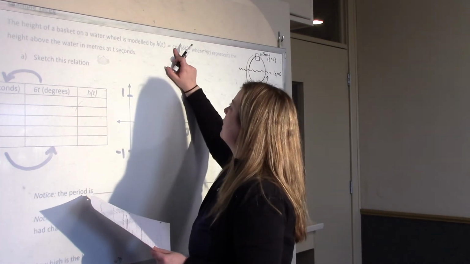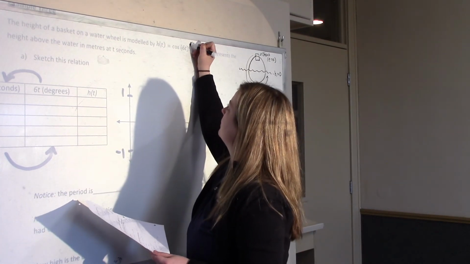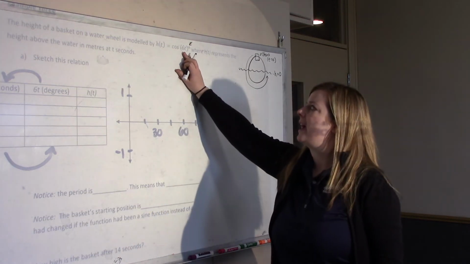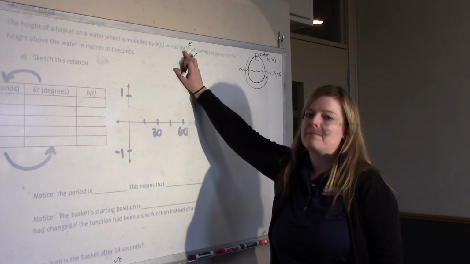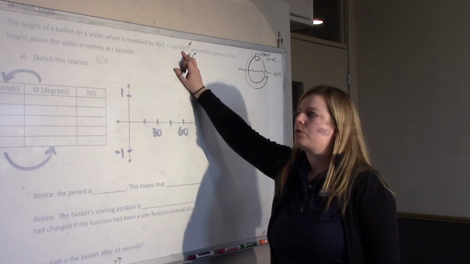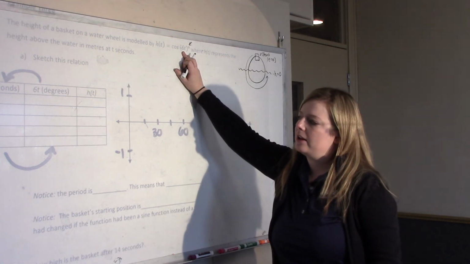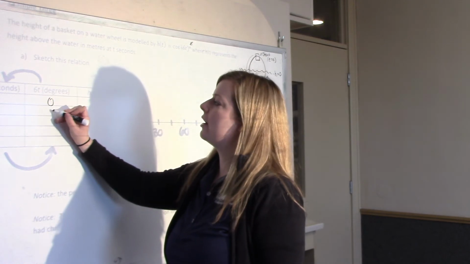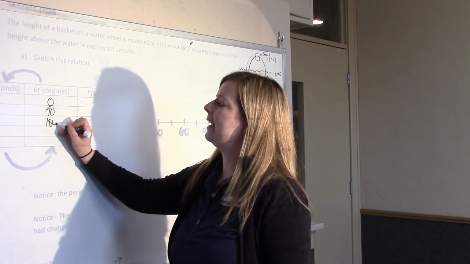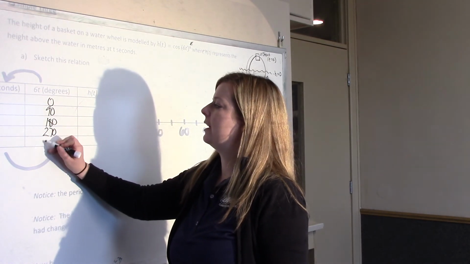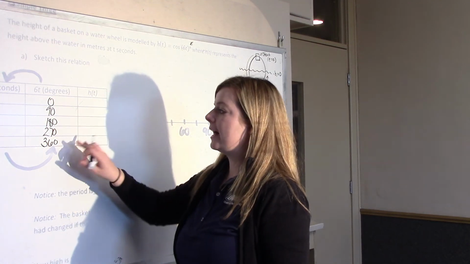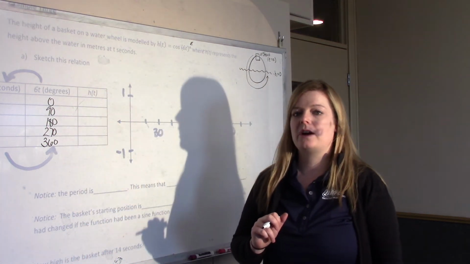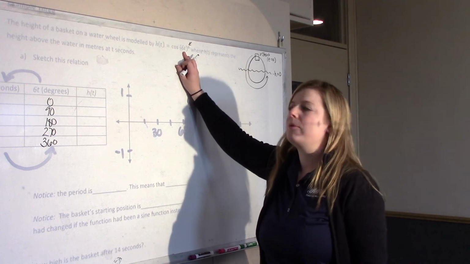Okay? So let me think. See how this has degrees out here? So we have to multiply the time by 6 to get the degrees. So to show one cycle of the cosine curve in terms of degrees, we could put 0, 90, 180, 270, and 360, okay? That's what we would do in order to find the degrees. But how do we find the time?